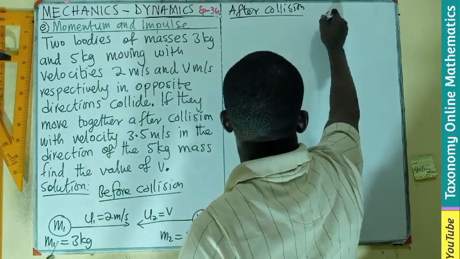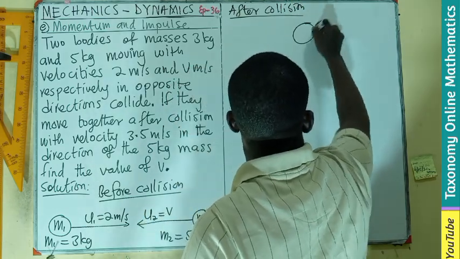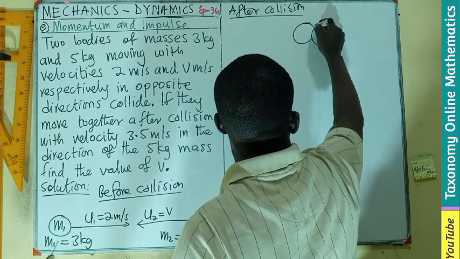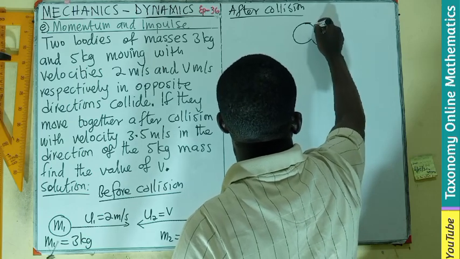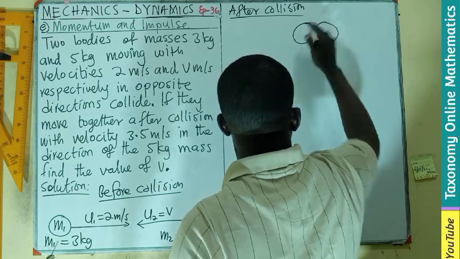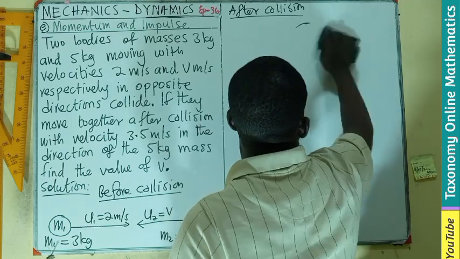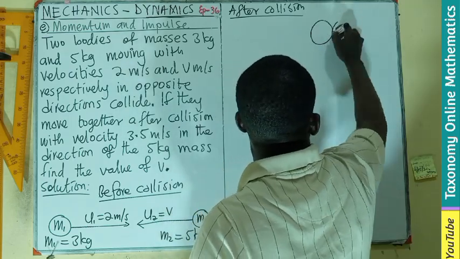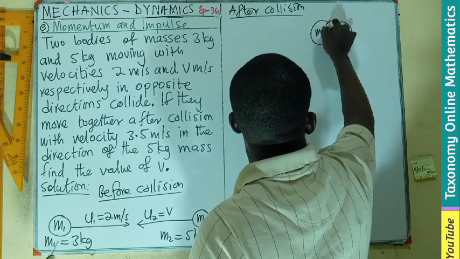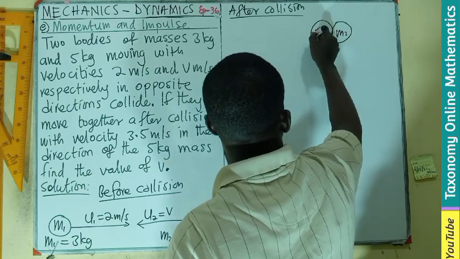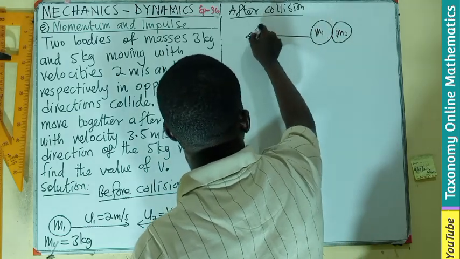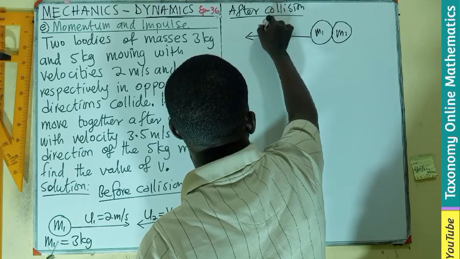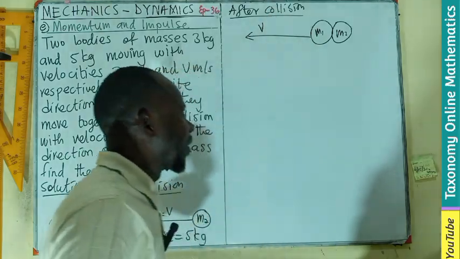when they collide together, the two bodies are now stuck together. So we have M1, M2 now moving with a common velocity.